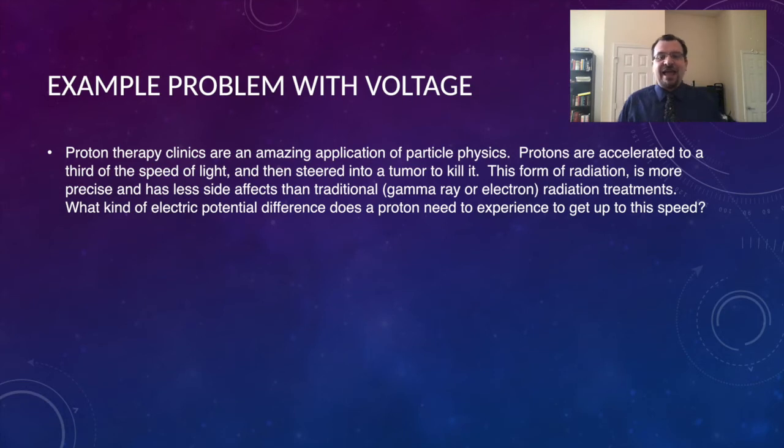That's something you can't do in traditional radiation treatments that involve gamma rays or electrons. Those are a lot cheaper though. So what kind of electric potential difference does a proton need to experience in order to get up to this kind of speed?